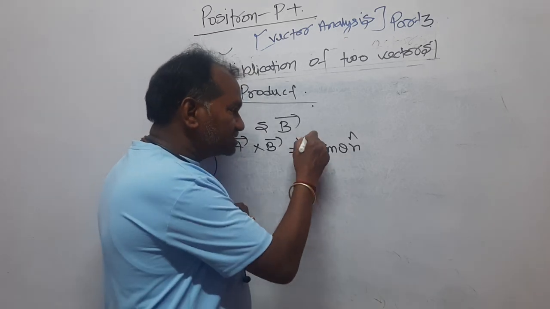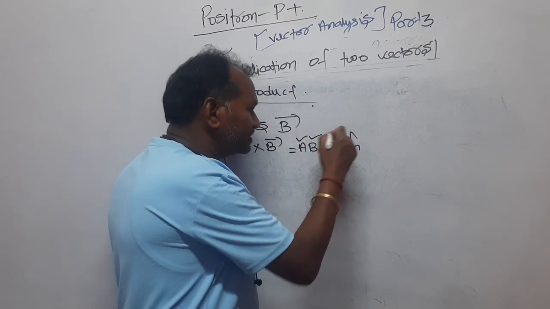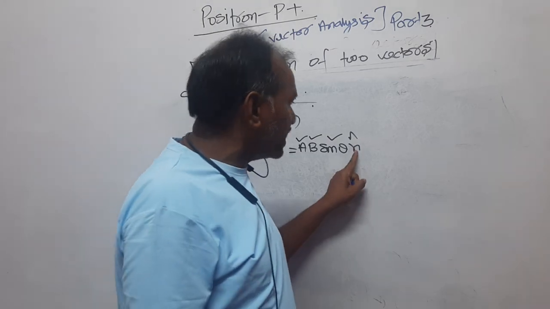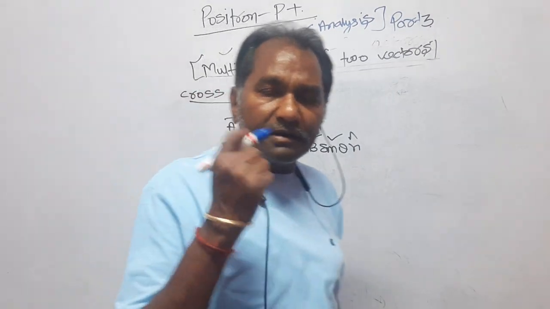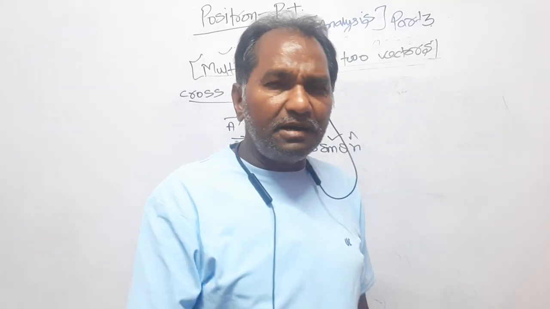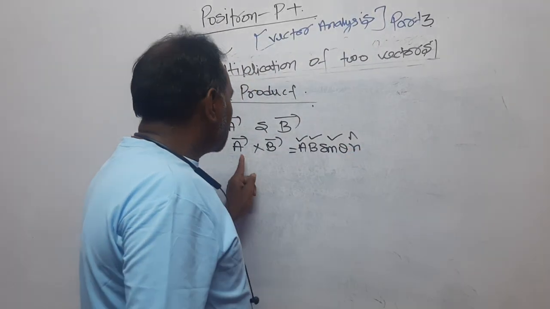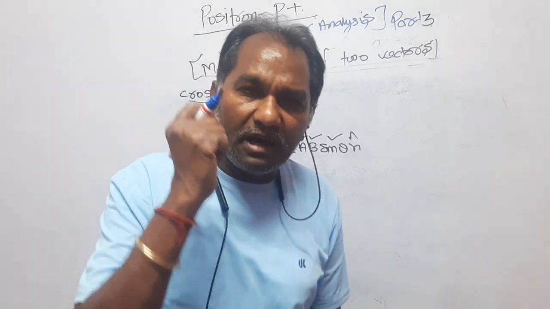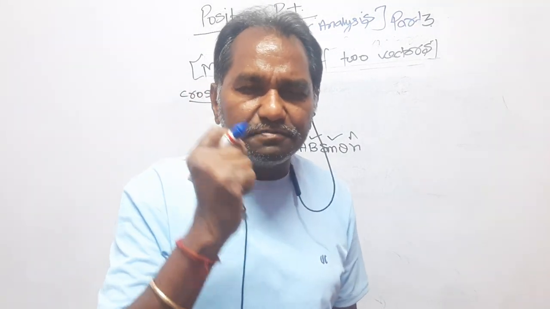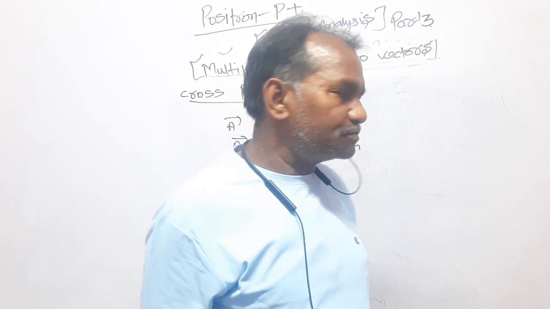Undoubtedly, A is a scalar, B is a scalar, sin theta is a scalar, but here there is an n cap. It's important. You have to apply n cap. N cap is a unit vector, right? It gives you the direction of vector A cross vector B.